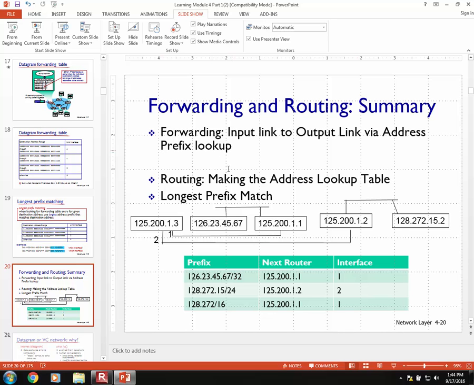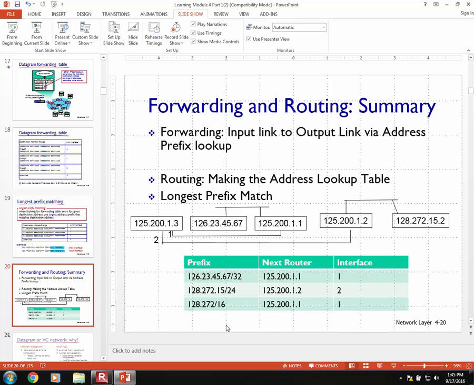And routing is matching the address lookup table and the longest prefix match, because different subnets are going to have different routes, and that's going to determine how we forward those packets.